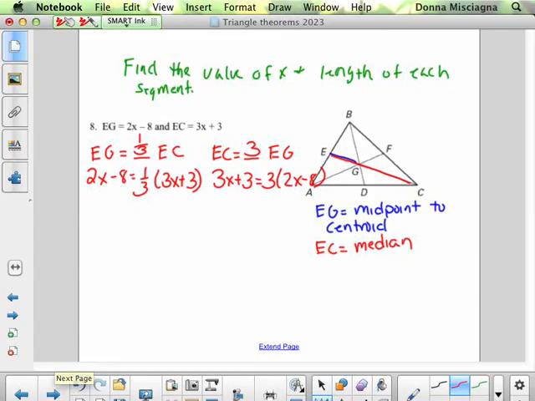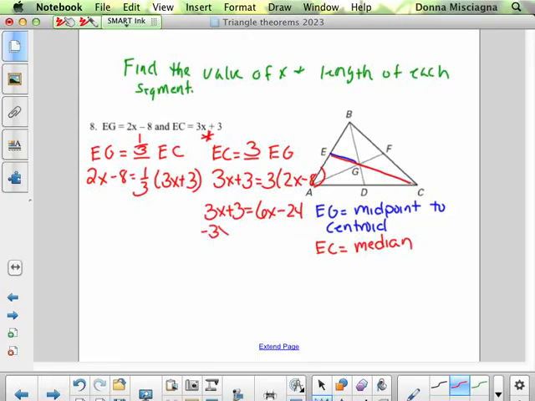I'll go ahead, I guess, and solve this one because usually if the numbers aren't so friendly, that one is probably the easier one to solve. In this case, it's not going to make a difference. 3x plus 3 equals, so 3 times 2x is 6x, 3 times 8 is 24, and then I just need to get the numbers on one side, the x's on the other.